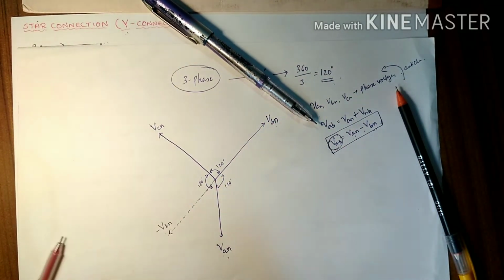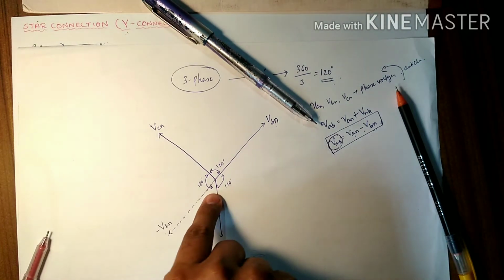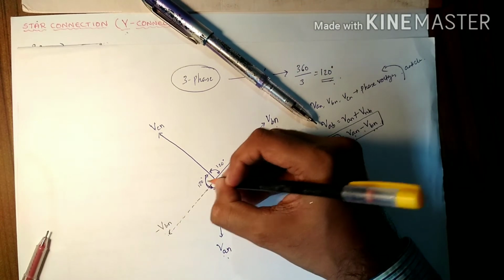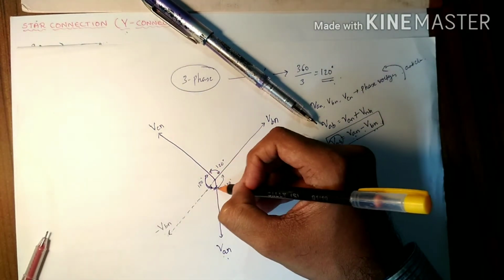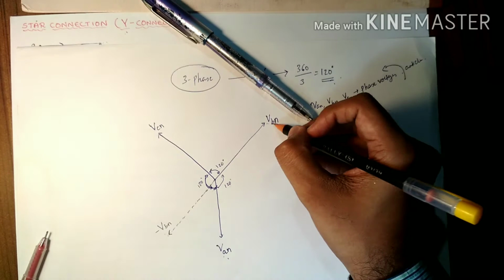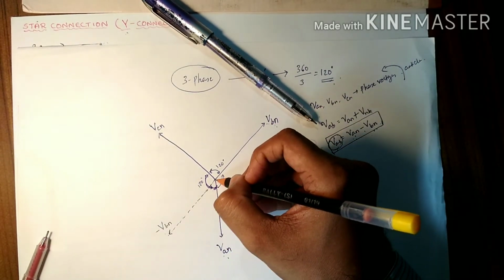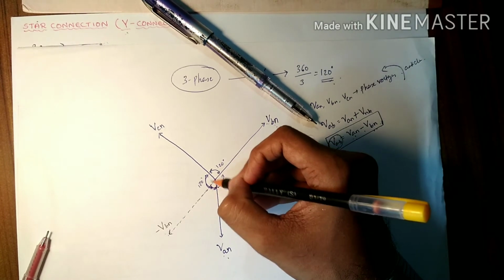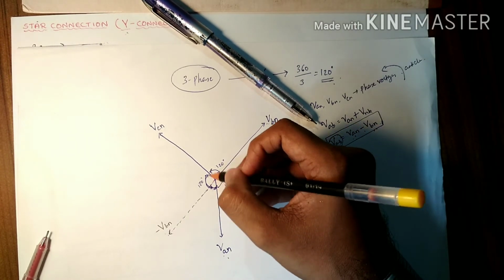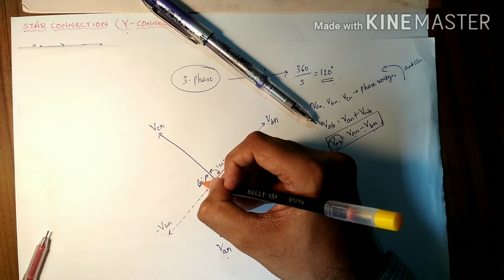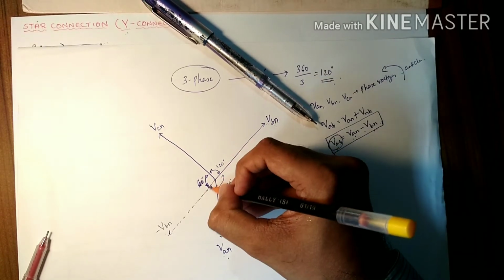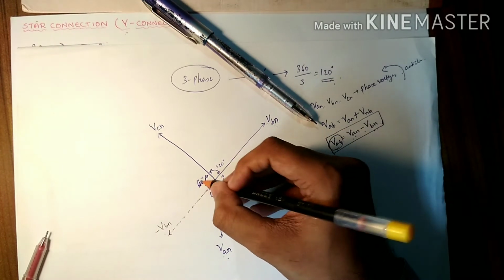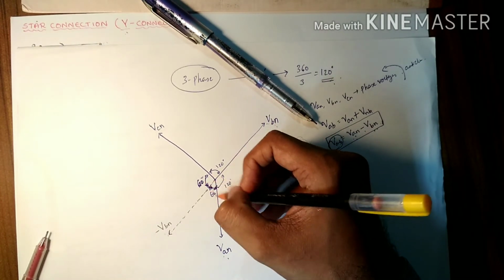Before doing this, I must tell you what the angles are. You already know that the angle between these is 120 degrees, right? But now VBN I have taken in the opposite direction, minus VBN. Therefore, this angle is cut equally in half, so this side will be 60 degrees and this side will be 60 degrees. 120 is cut into 2.